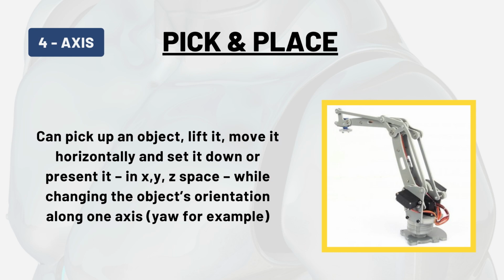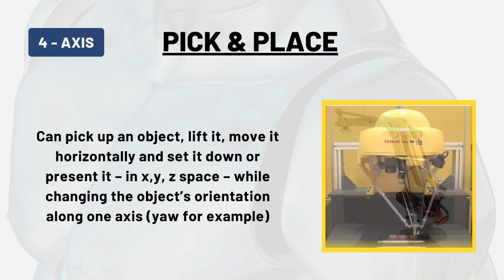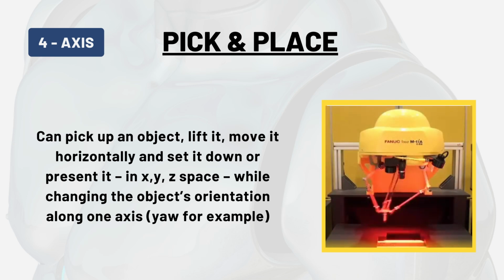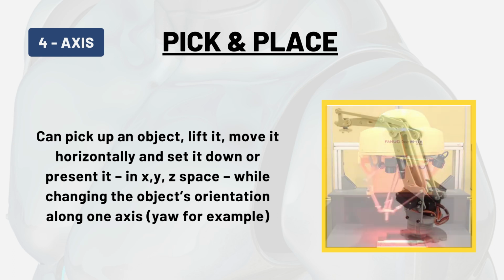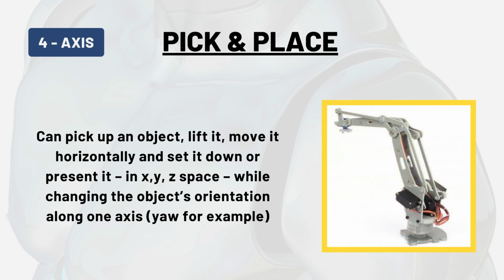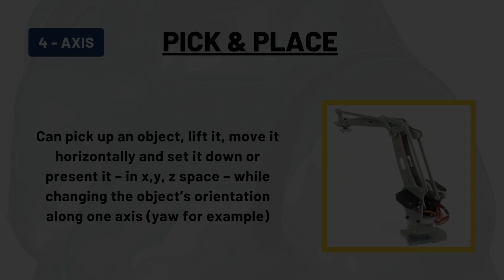The four-axis robot can pick up an object, lift it, move it horizontally, and set it down or present it in the XYZ space. But in the case of a four-axis robot, a change of the object's orientation can be seen along one axis, so it would be an example of yaw.